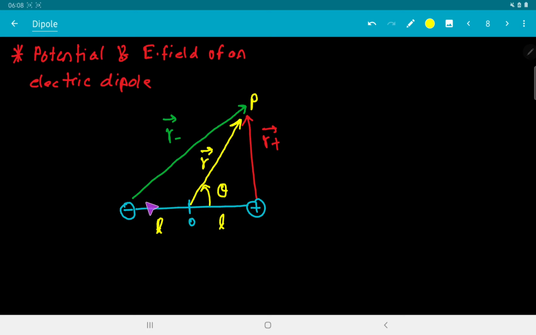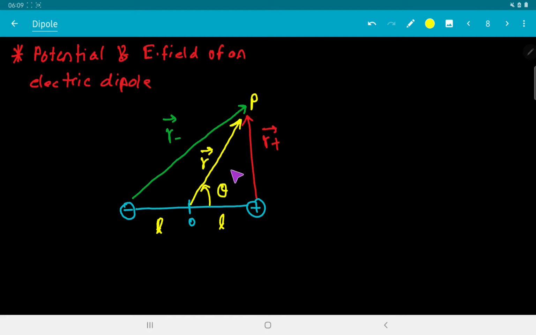Let us say that from this negative charge, the point is at r minus vector, and from this positive charge, this point P is at r plus vector. From the origin, the midpoint of this positive and negative charges, the point is at a distance r.